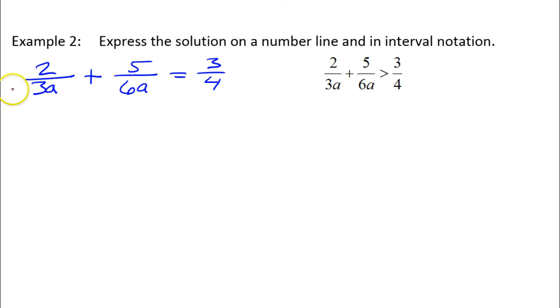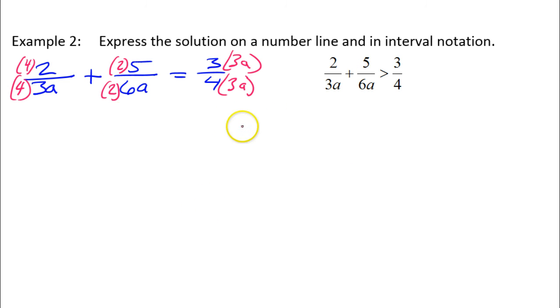I can turn this into 12a by multiplying by 4, numerator and denominator. I can turn this into 12a by multiplying by 2, numerator and denominator. I can turn this into 12a by multiplying by 3a, numerator and denominator. Now they're all 12a. That's the simplest thing to do.